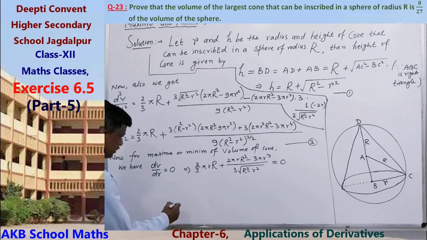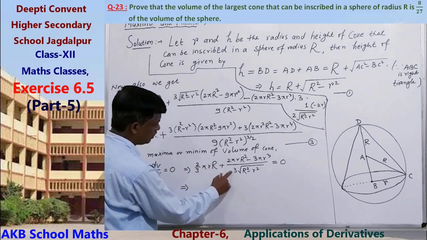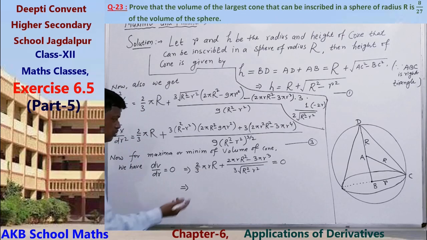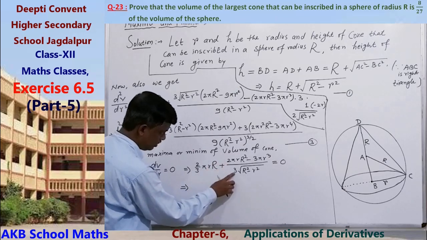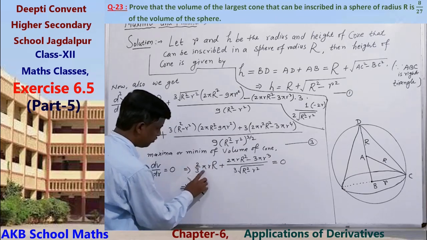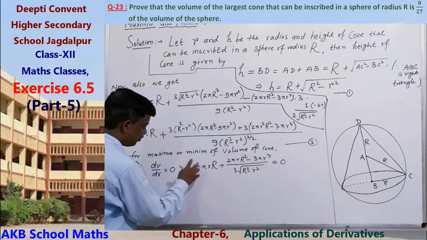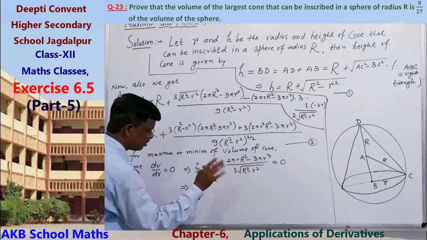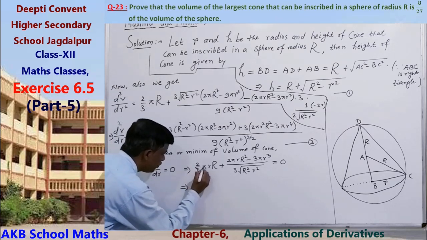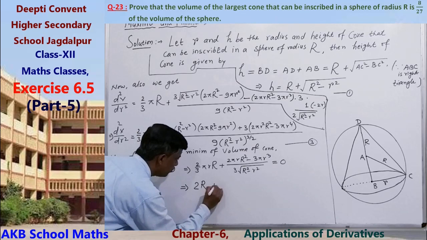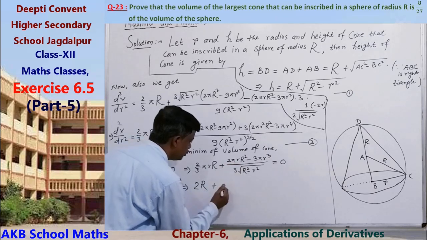Now solving it. 2 by 3 pi taking common out, that is not equal to 0. So only 1 by 3 pi r can be taken common out. So 1 by 3 pi r cancels out and is not equal to 0. So we get 1 by 3 pi r times (2R plus ...), 3 cancel out, pi r also.